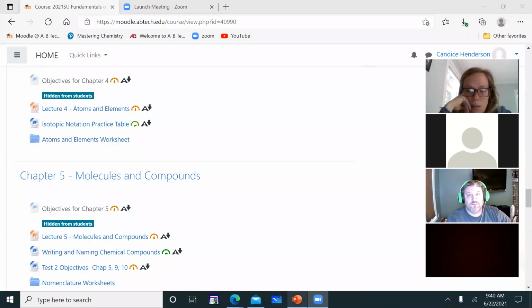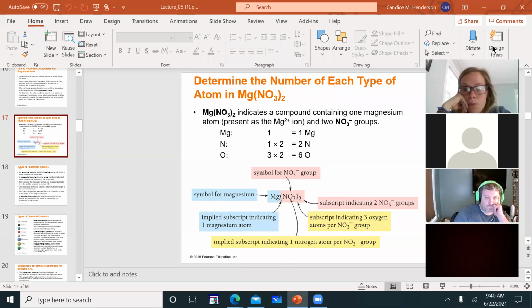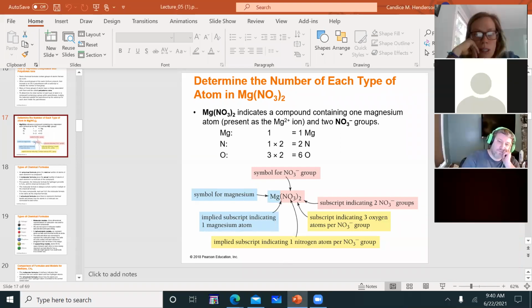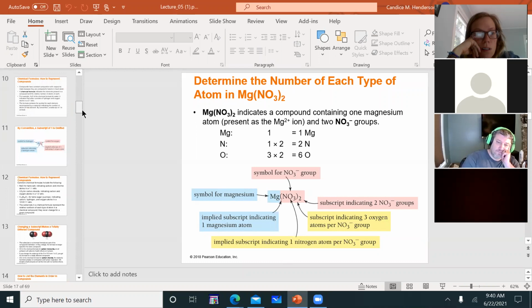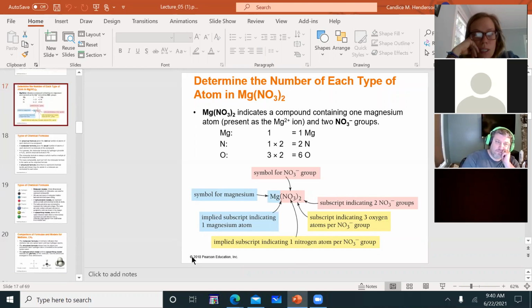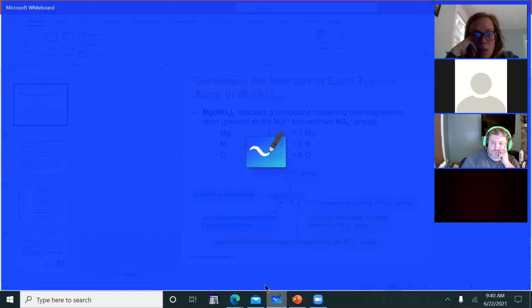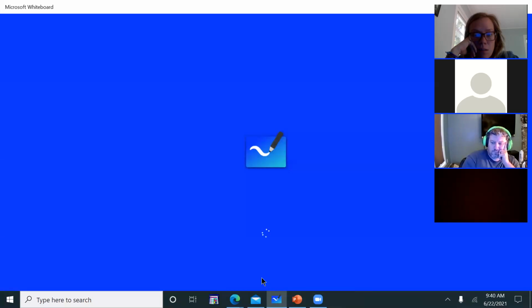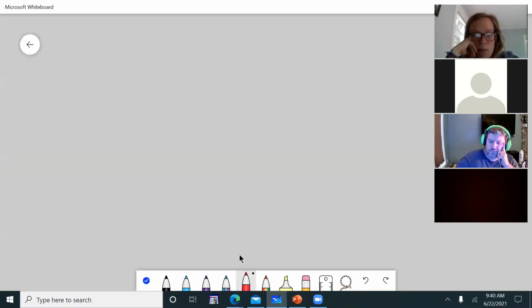Okay. So we had started talking chapter 5 stuff, molecules and compounds. And we left off looking at polyatomic ions, when we have some sort of multiplier within parentheses. So let's say I'm going to give you guys another one to look at.